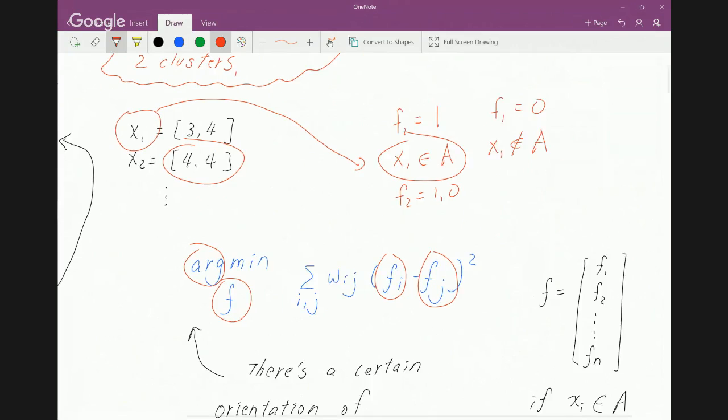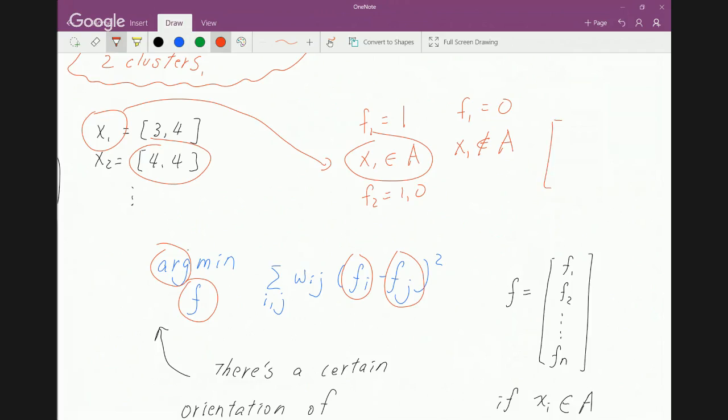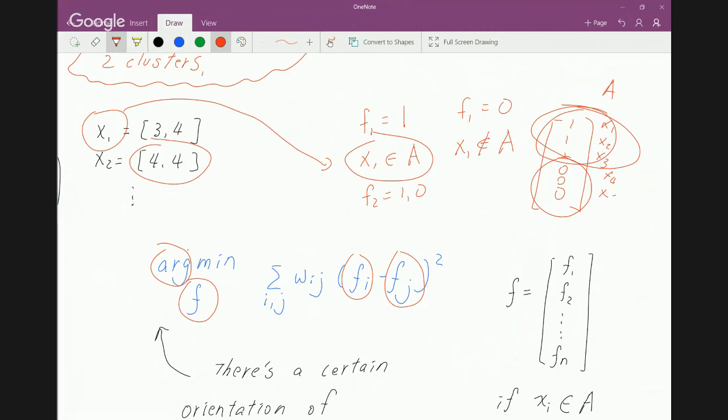So by having a vector like 1, 1, 1, 0, 0, 0, we essentially say that the first three, X1, X2, X3, all belong to the same group A, whereas X4, X5, X6 belong to not A. So it's either A or not A.